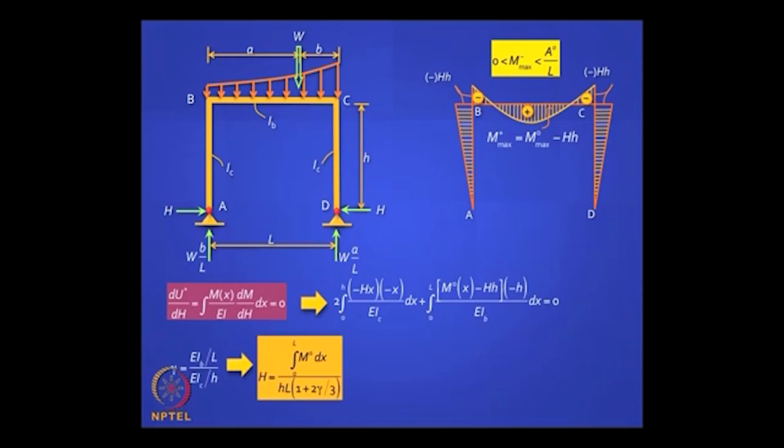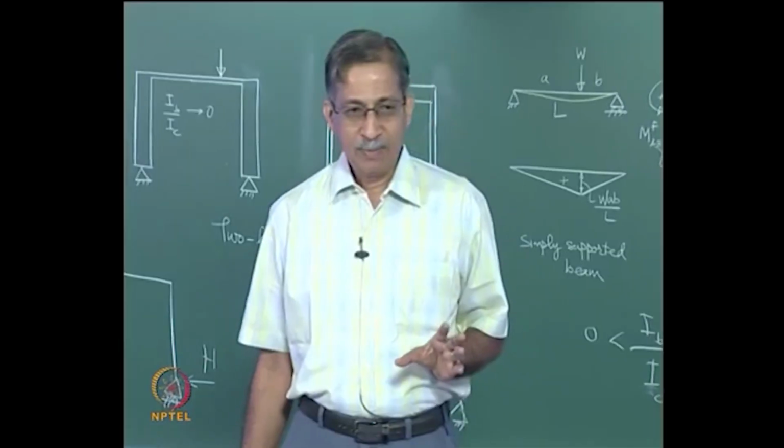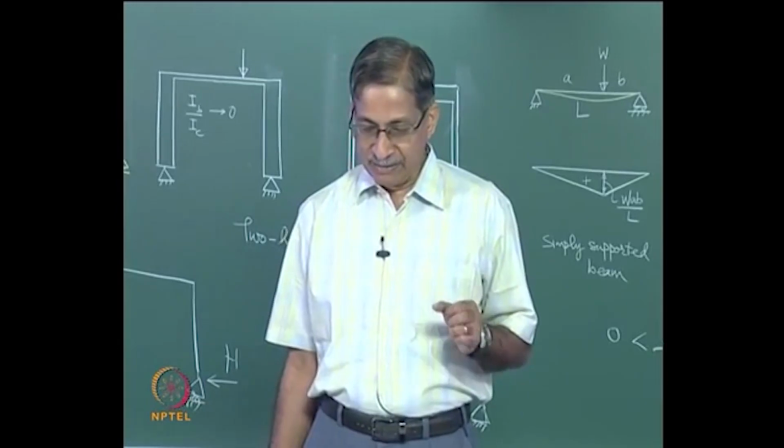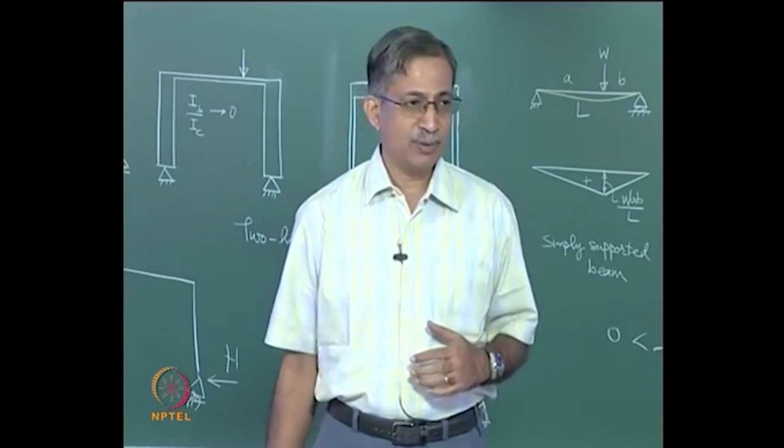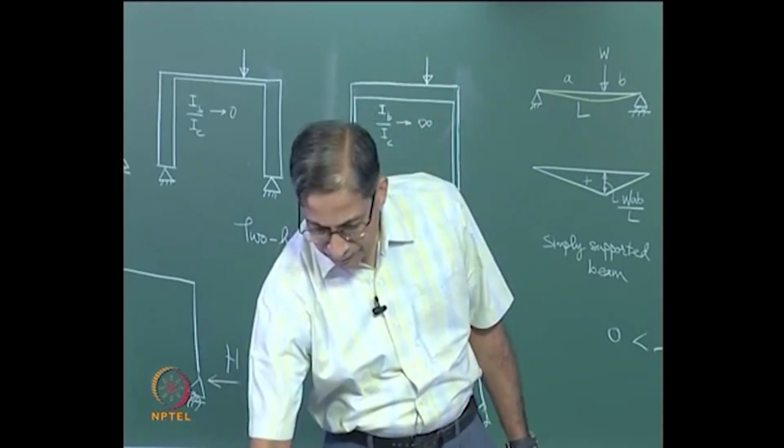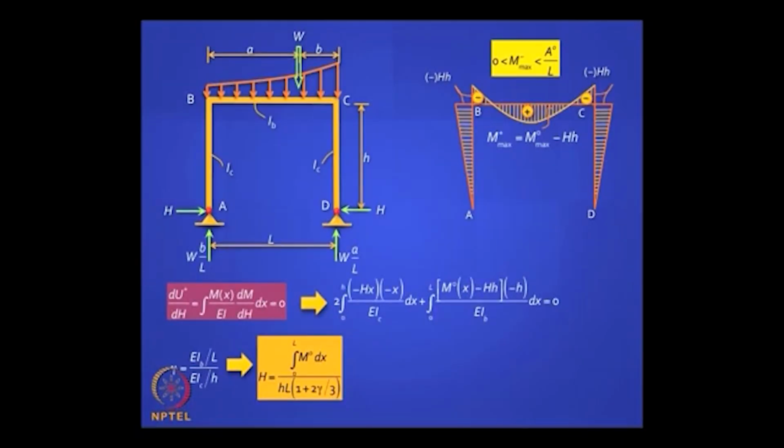Now let us introduce a parameter which you can call a stiffness parameter, gamma, where I take the relative stiffness of the beam to the column, EI_B by L to EI_C by h. That kind of gets rid of all those variables and makes it generalized. What are the limits of gamma?